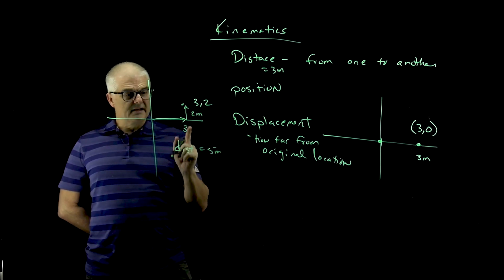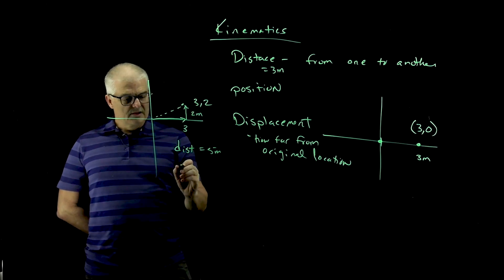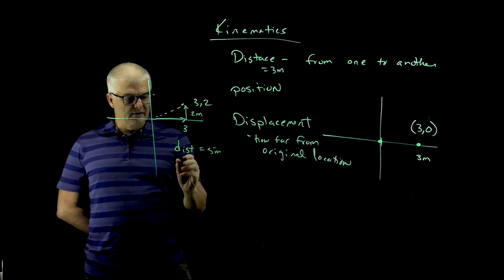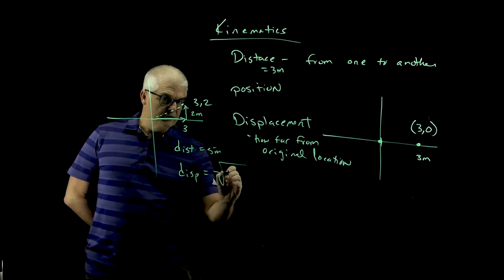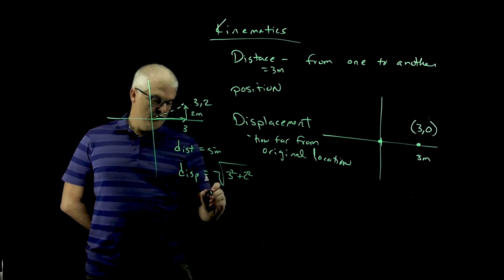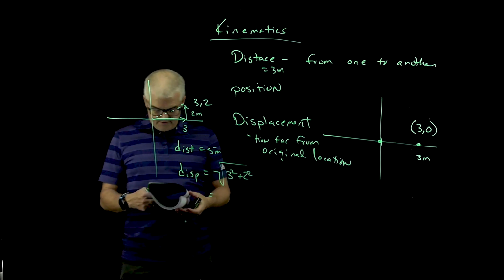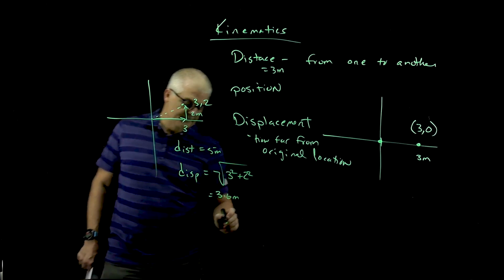But their displacement is actually from the origin. It's the hypotenuse of this triangle, so we use the Pythagorean theorem. Their displacement is the square root of 3 squared plus 2 squared. Get your calculator out. That's 3.6 meters.